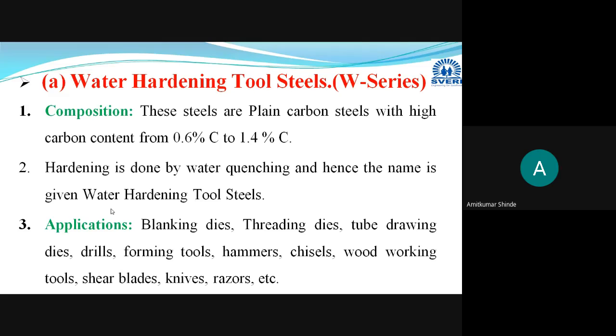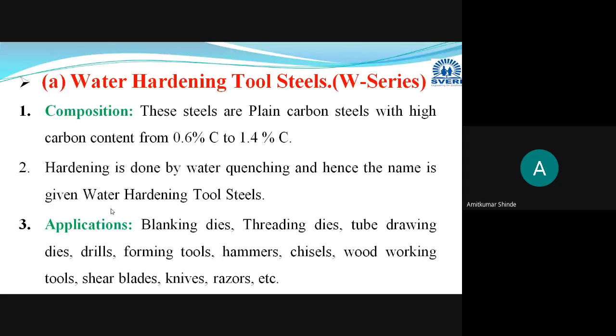Quenching is nothing but a cooling process. Here we are doing water quenching, from the higher temperature of 900 degrees Celsius directly dipping the component in cold water. This will be termed as water quenching.